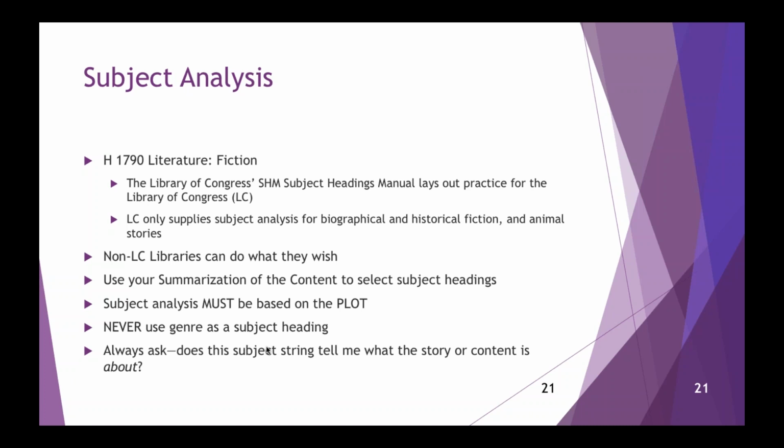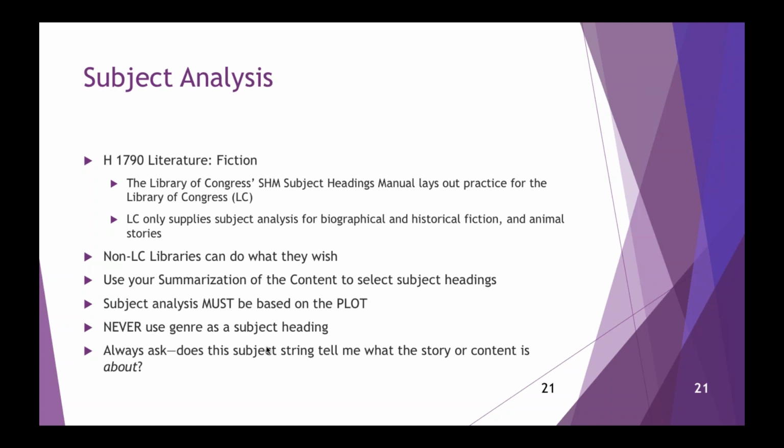Non-LC libraries, we can do whatever we choose to do. And so we don't necessarily have to follow this particular policy where they only do subject analysis for biographical and historical fiction and animal stories.